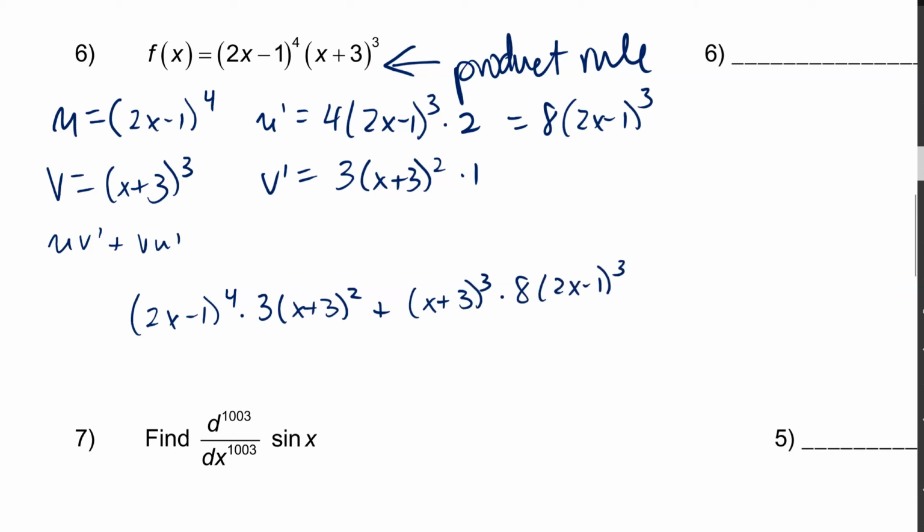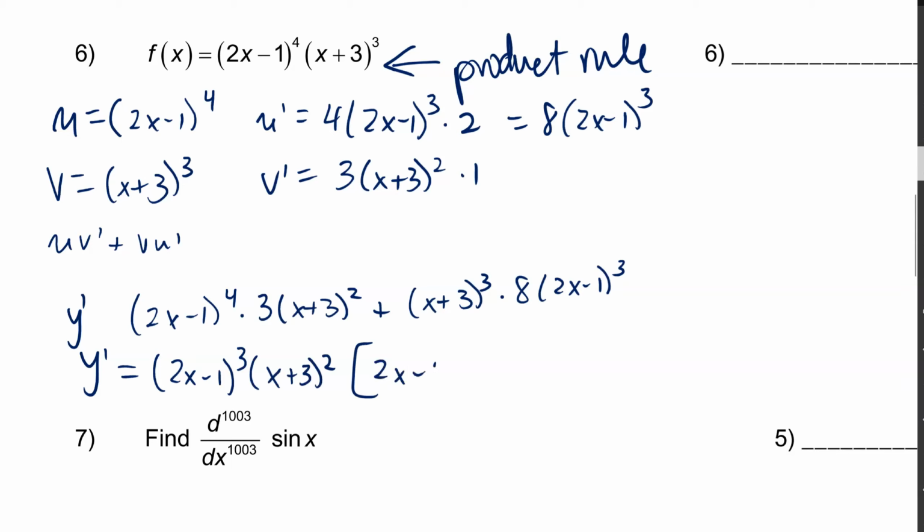Yeah, see, that's it. Is that it? Close. Is there a common factor in both of these? 2x minus 1 to the 3rd, and I have a factor of x plus 3 to the 2nd. So I'm left with 2x minus 1 plus 8 times 2x minus 1. Where does the 3 go?